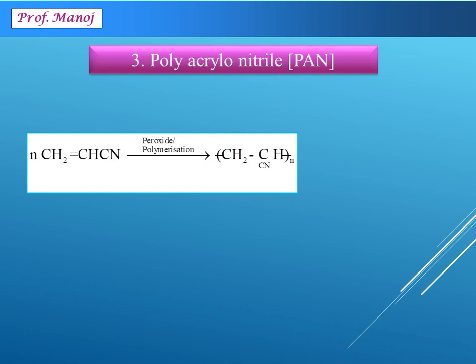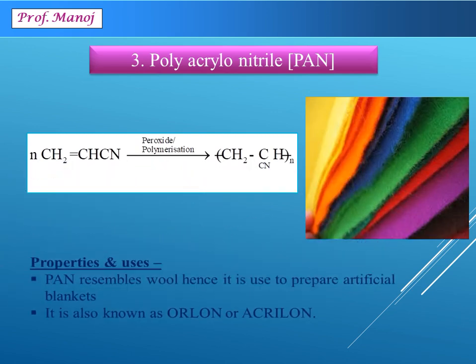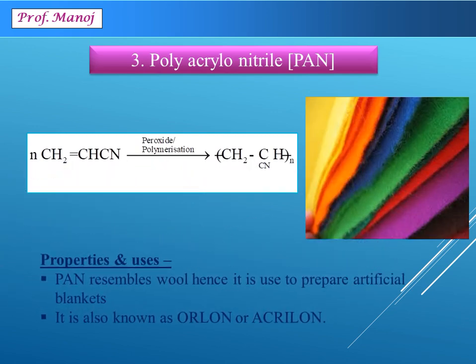So the structure becomes vinyl cyanide, CH2 double bond CH CN. Polymerization happens more or less similar to Teflon, in presence of again peroxide. PAN resembles wool and it is therefore used in making artificial blankets. The trade name of PAN is Orlon or Acrylon.